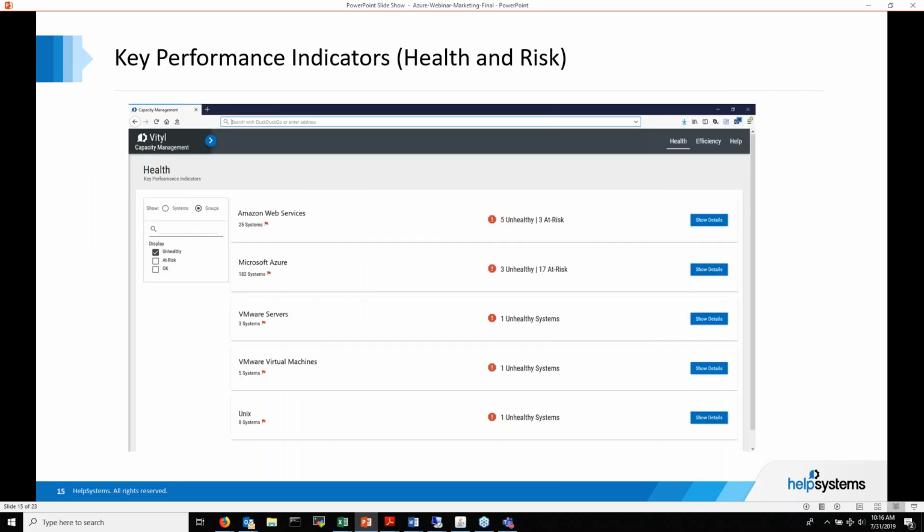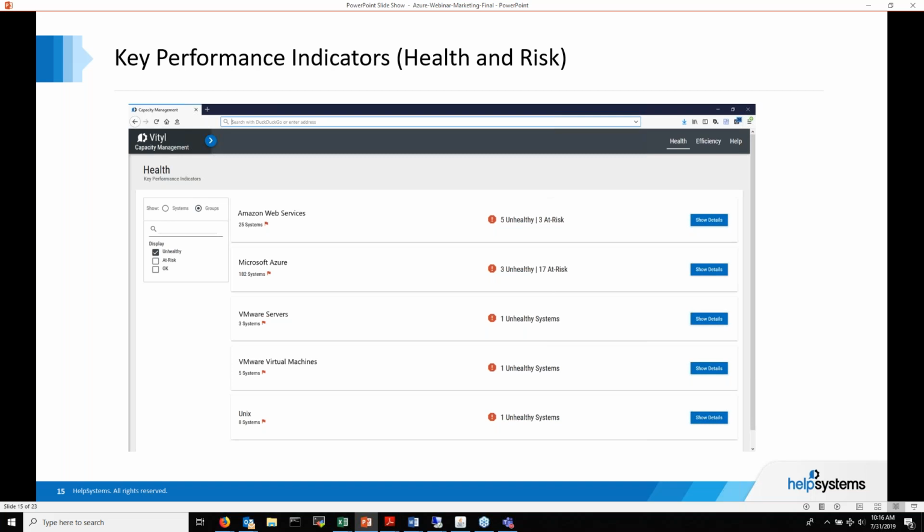So now I wanted to turn our attention to more of the workflow that we have available for the Azure platform along with all the other platforms. And I've mentioned multiple times now that at the top for us is key performance indicators, because, again, we're running these analytics behind the scenes in real time for you and providing you notification of where you have problems.